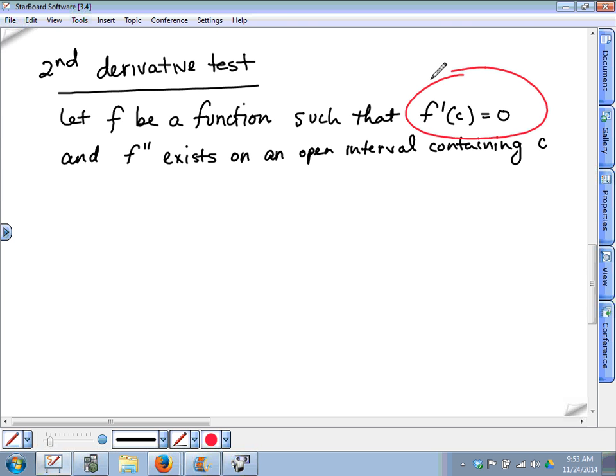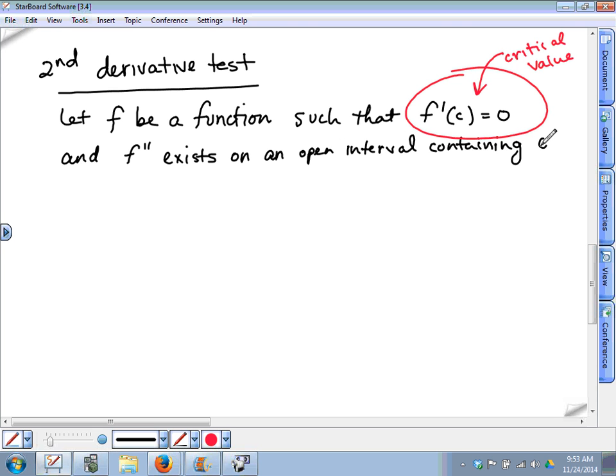It's a critical number. So if f prime of c is equal to 0, that's a critical number, or a critical value. What generally occurs at critical values? Extrema. So what this is saying is that f double prime exists on an open interval containing c.